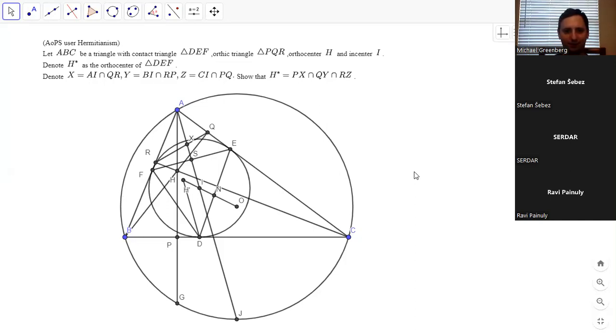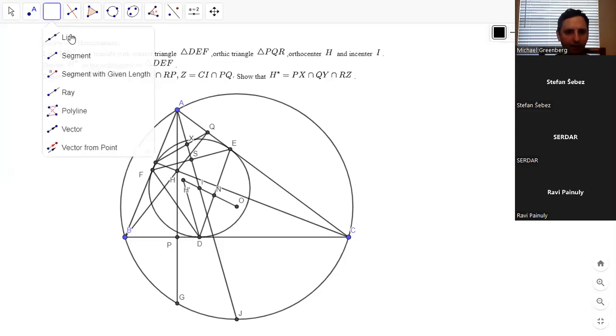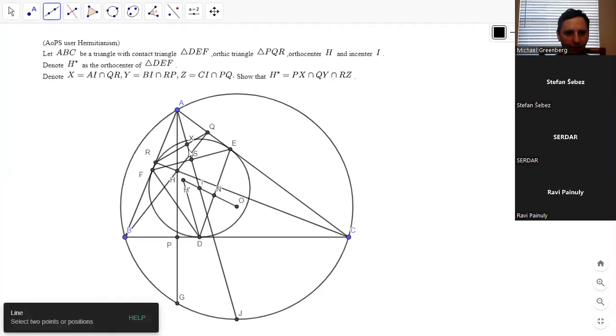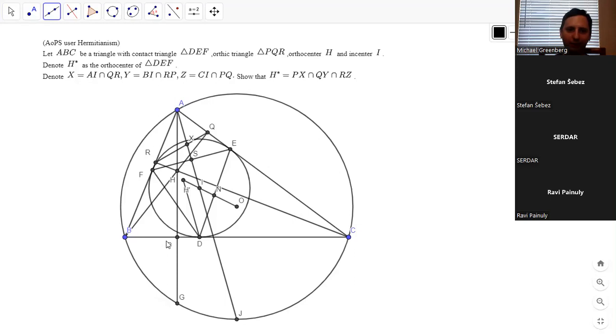All right. So we could try projecting through D. I wonder if there's some point in harmonic conjugation with these three. Can you name the intersection of AI with BC?